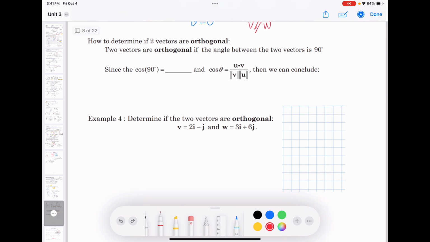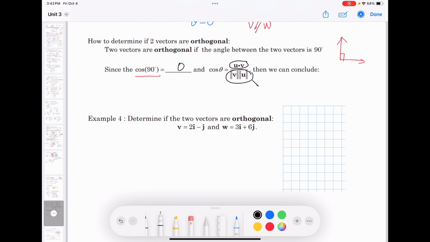Then let's see the next one, how to determine if two vectors are orthogonal. What is the meaning of orthogonal? If I have vector v and vector w, and the angle between them is 90 degrees, then this is orthogonal. What is the value of cosine 90 degrees? 0, right? And cosine theta is equal to u dot v divided by the magnitude of v times the magnitude of u.